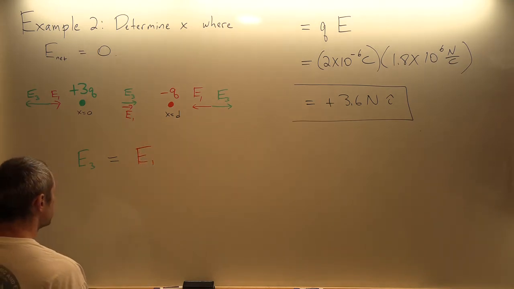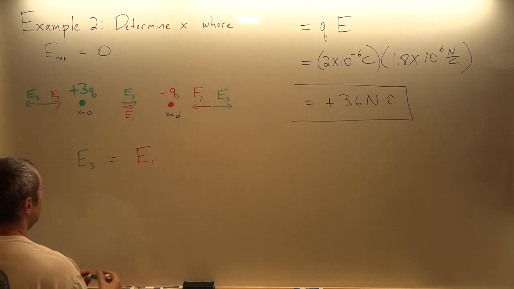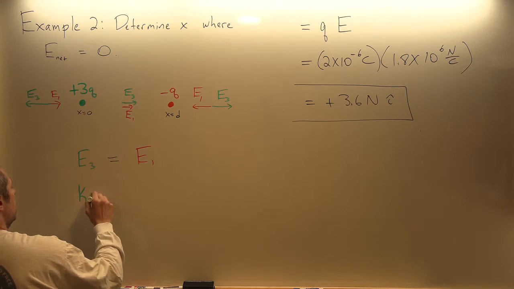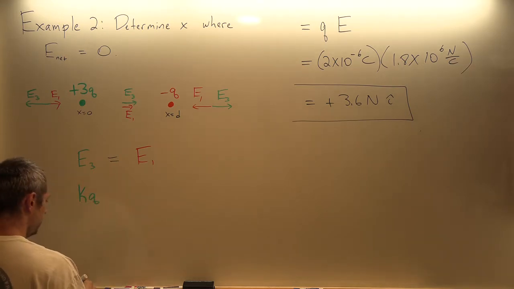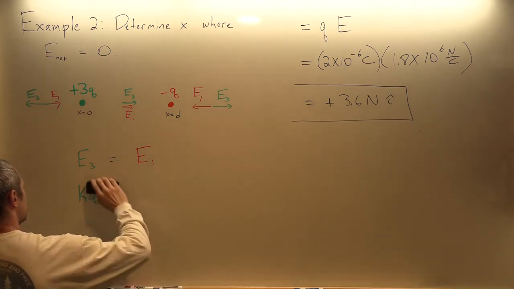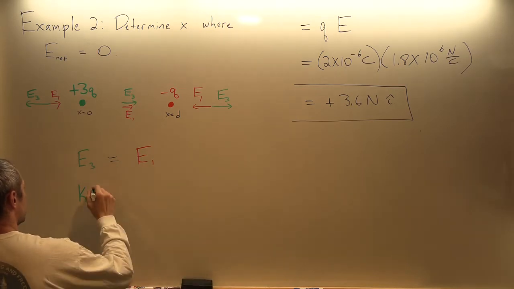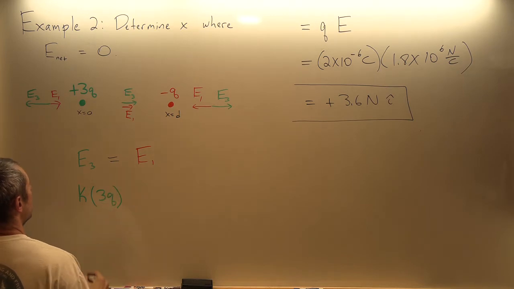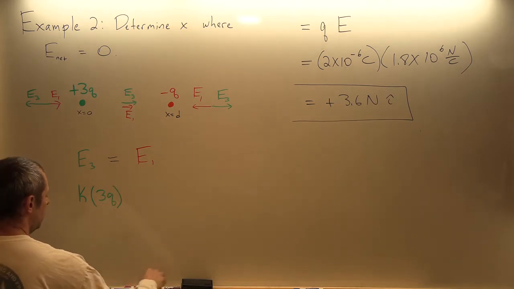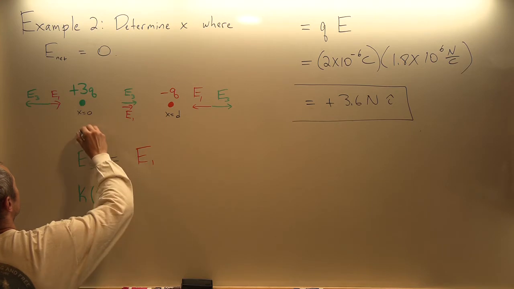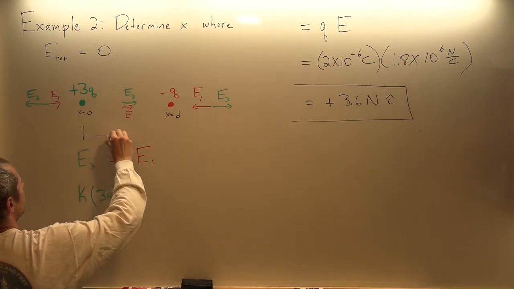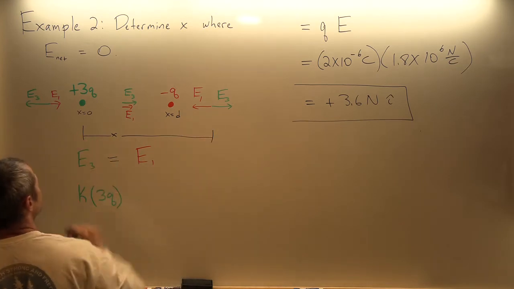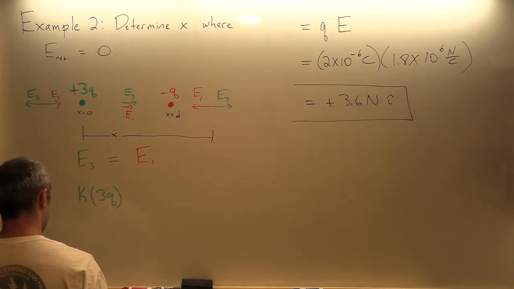Okay? So, continuing on, K, Q, oh no, 3Q, over x squared. I'm going to call this distance x, because that's really what it is. It's how far we are from the origin.